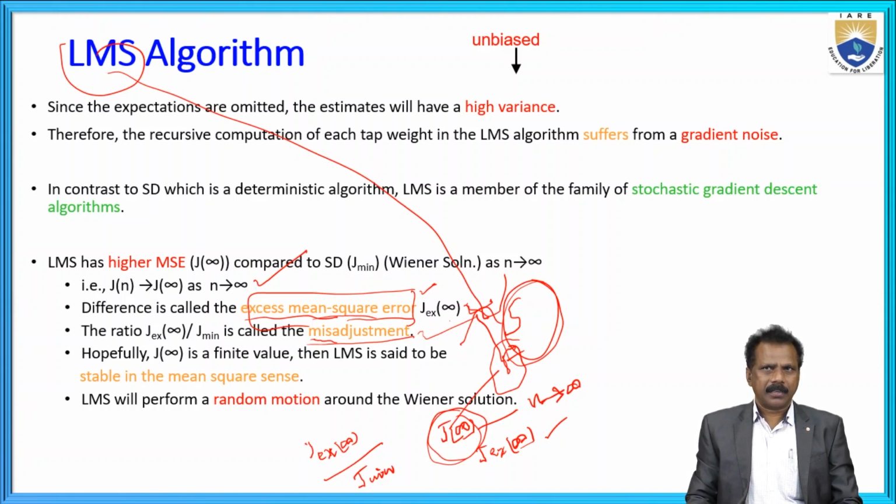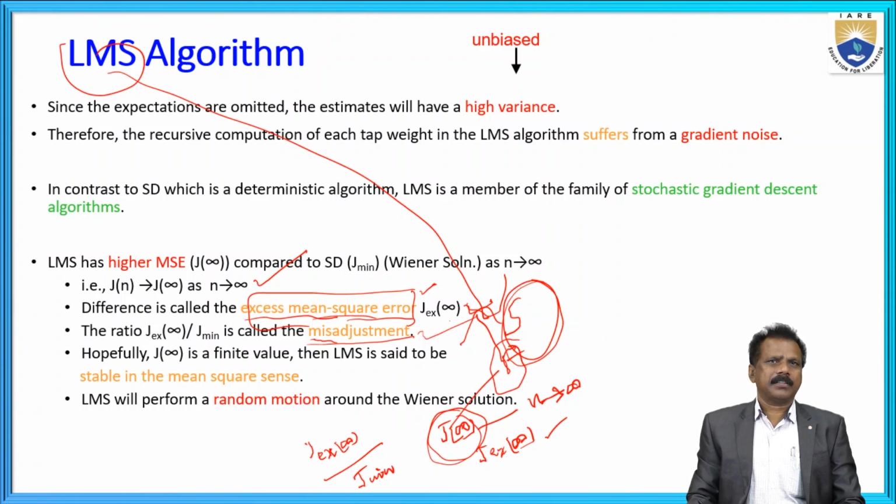So that's the measure in terms of the significance level. In contrast to deterministic algorithms, the LMS is a member of the family of stochastic gradient descent algorithms. It is unbiased, but it suffers from high variance of the gradient noise.